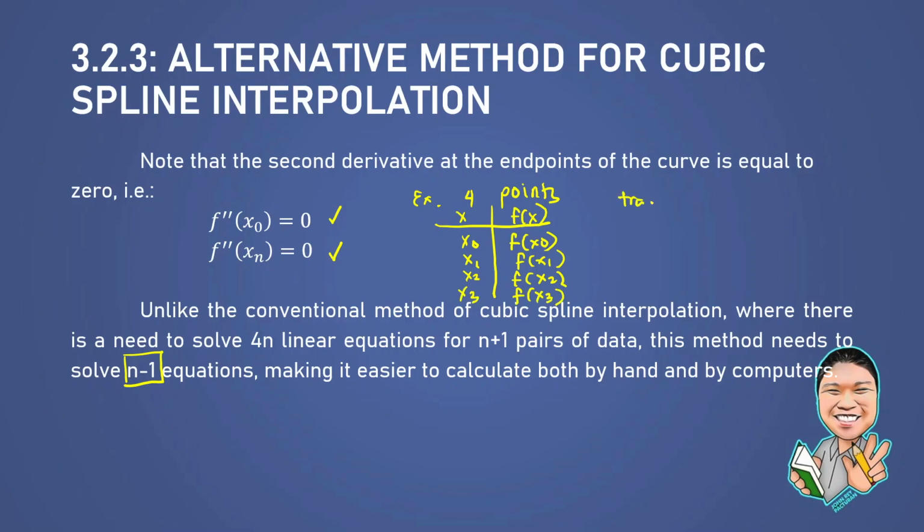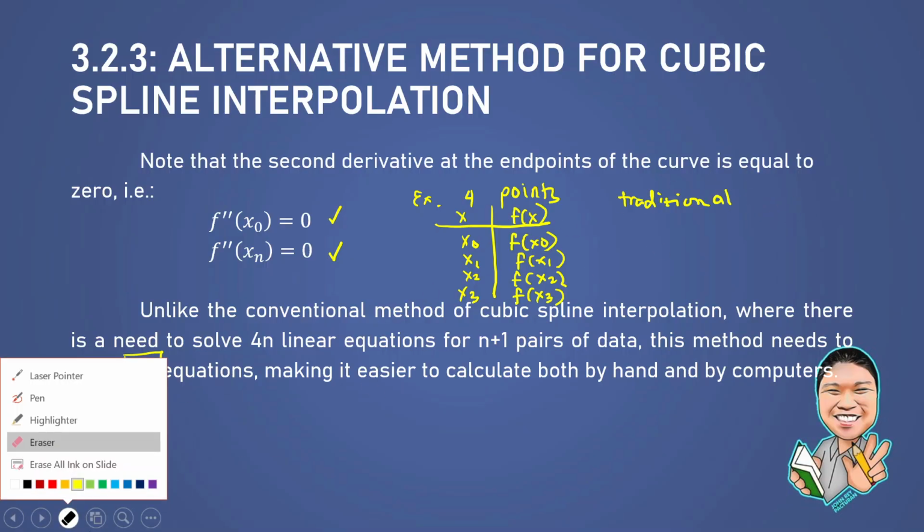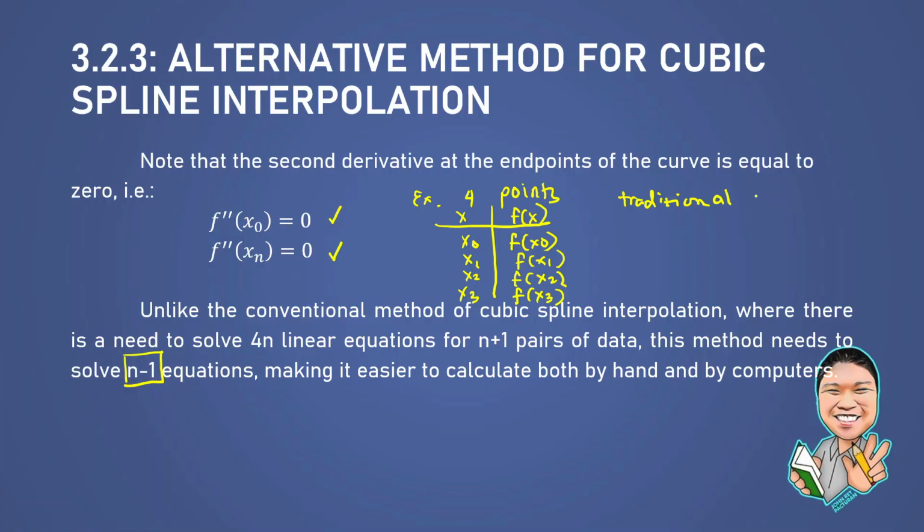Sa traditional spline, kung maalala nyo sa previous example natin, ang kailangan nating isolve is 12 equations, 12 unknowns. So, dito, 12 equations.